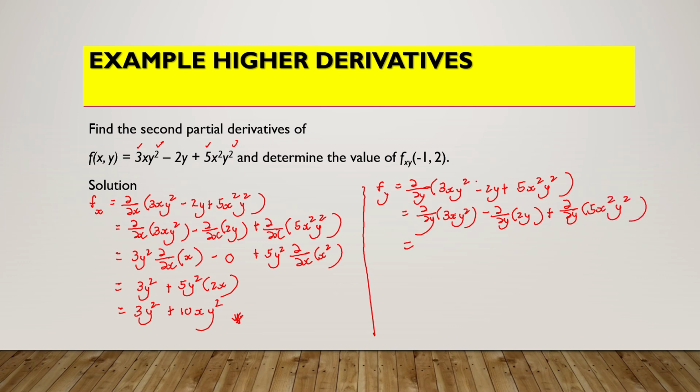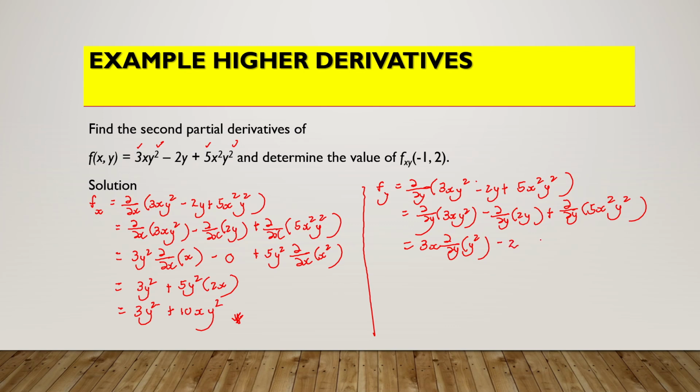When you del del y, x is constant, so 3x is constant and you can factor it out. So you have 3x and then del del y of y squared. Minus del del y of 2y, you have minus 2.